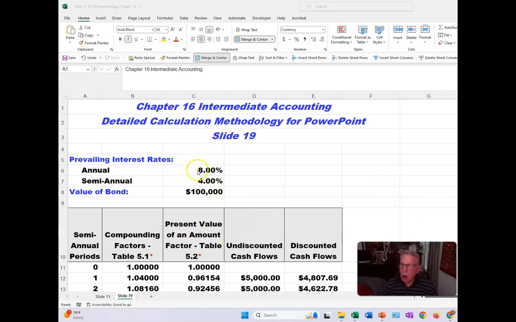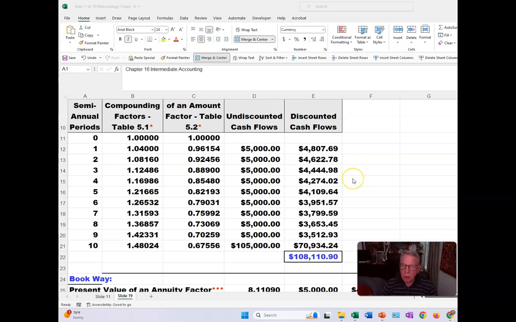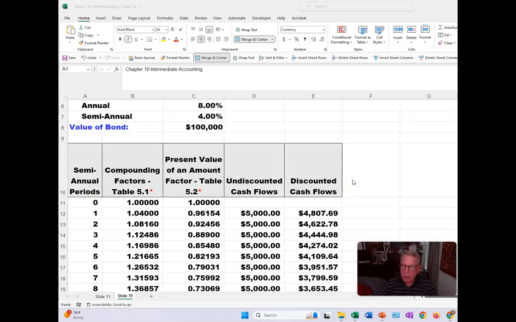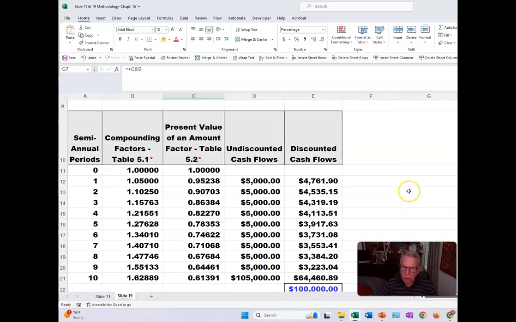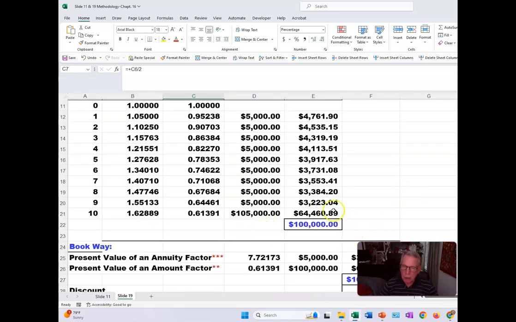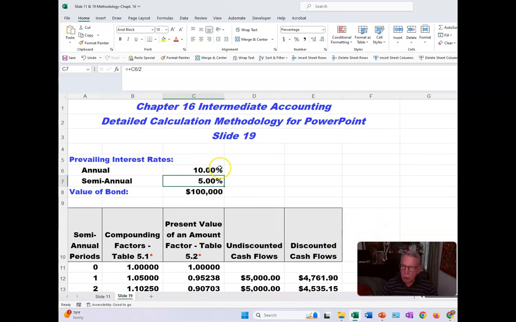And here our annual rate is 8%, and we do exactly the same thing as we did before. If I change this to 10% real quickly, just to show you that's what's written on the bond, I have $5,000 of undiscounted cash. You can see that would be how we would value the bond if prevailing interest rates were 10%, but they're not.